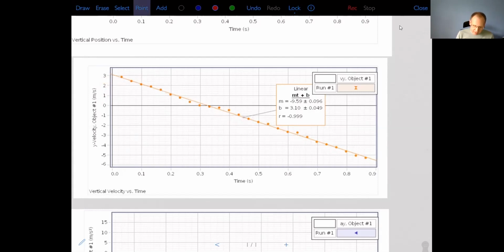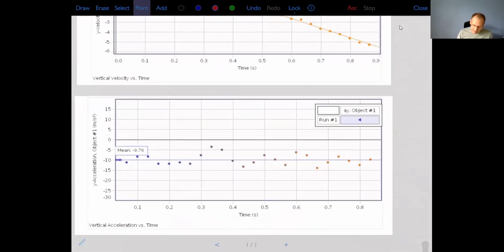And then finally, the slope of the velocity versus time graph represents the acceleration. In this case, it's pretty much constant, and that's what we're seeing. We're seeing a constant negative value of around negative 9.76, if we read the mean here. And we know theoretically that it should be negative 9.8 meters per second squared, which is the acceleration due to gravity.